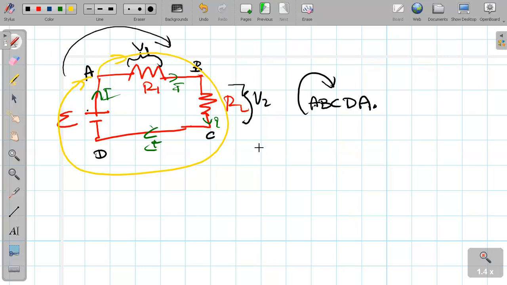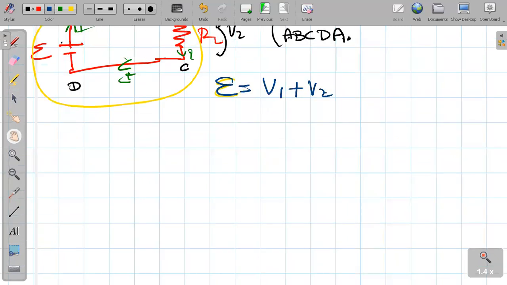So how about it? Epsilon means EMF. EMF should be equal to all the potential drops around the circuit. The first potential drop is V1, the second is V2, and now I can apply Ohm's law, V equals IR.